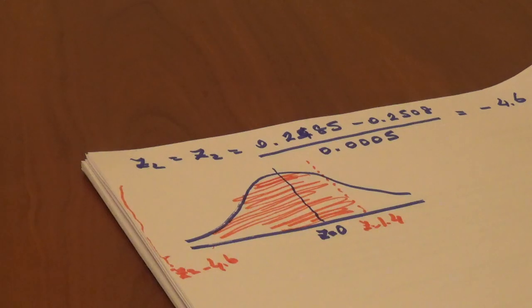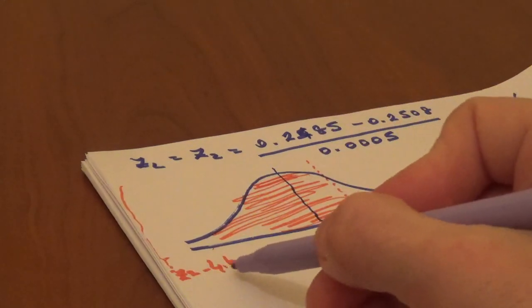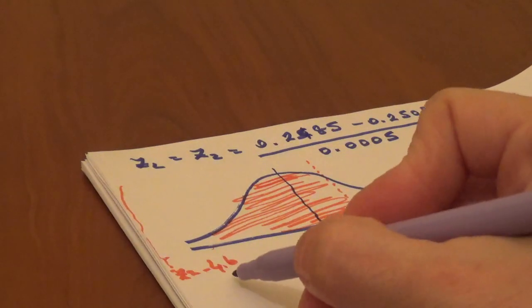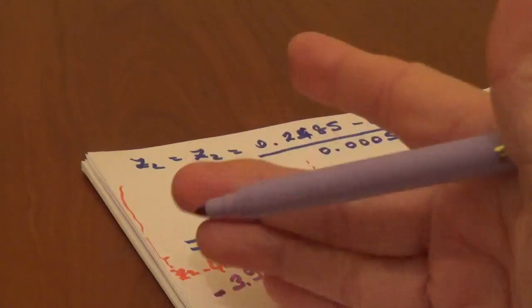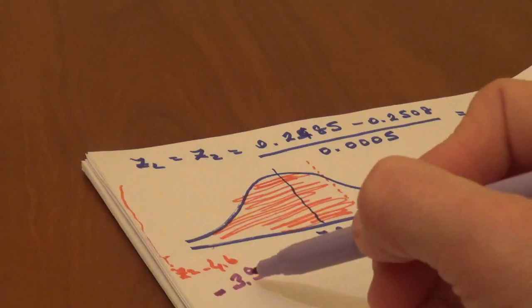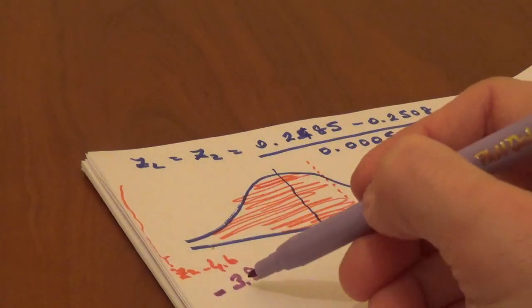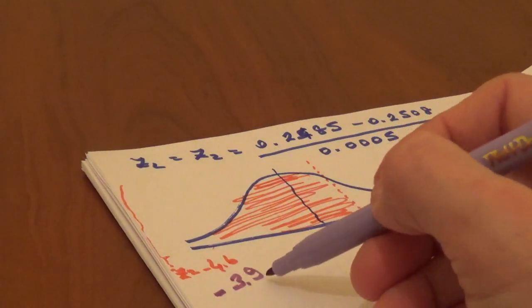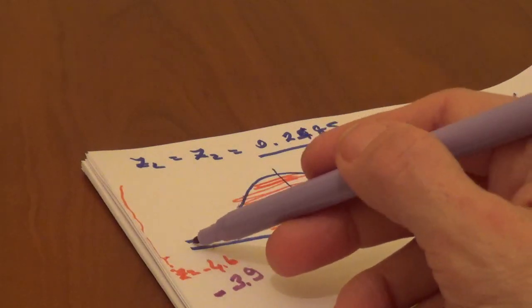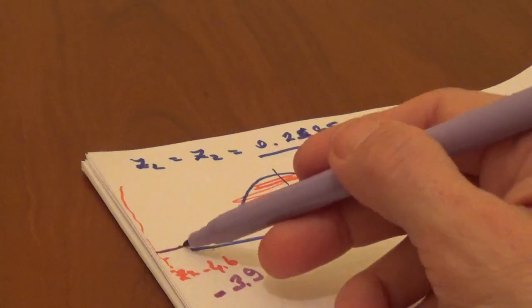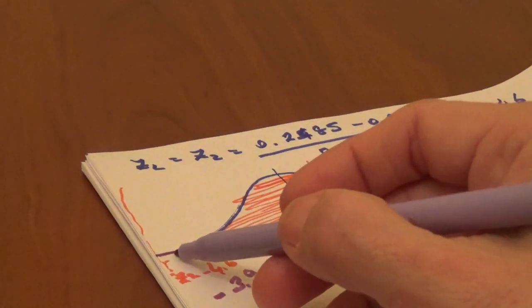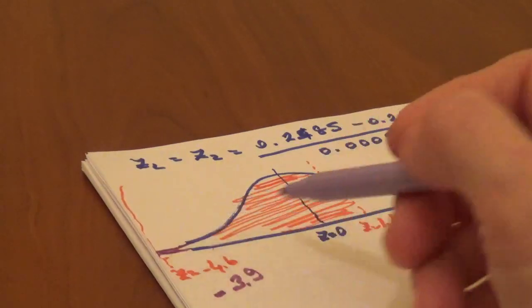Now, you know, Z smaller than minus 3.9 is 0, because this goes to minus infinity and is going to 0.